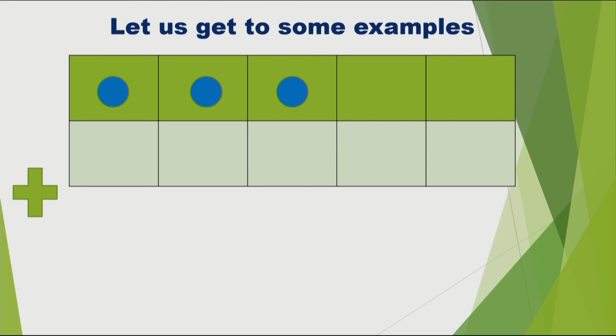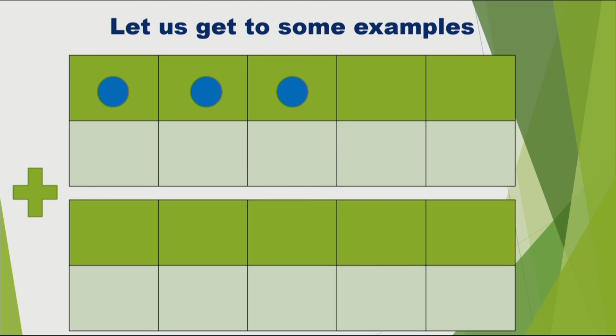So the first 10 frame has got 3 counters. Let's put in the second and see how much we are going to put on there. So on the second one, we've got 2. 3 plus 2 will give us 1, 2, 3, 4, 5.